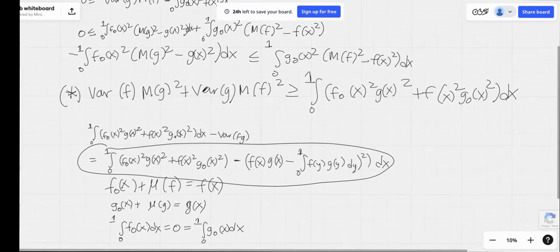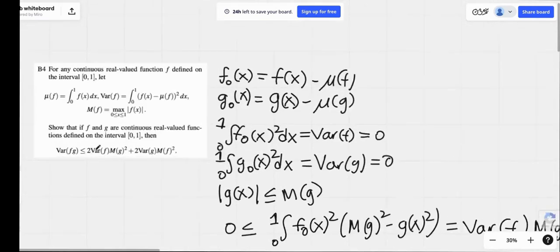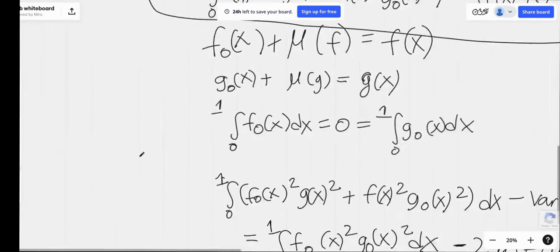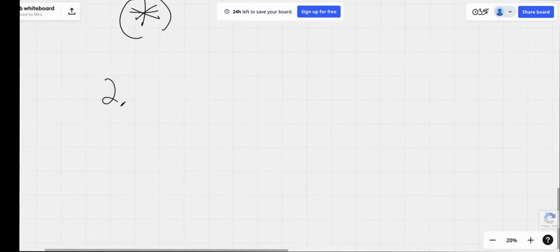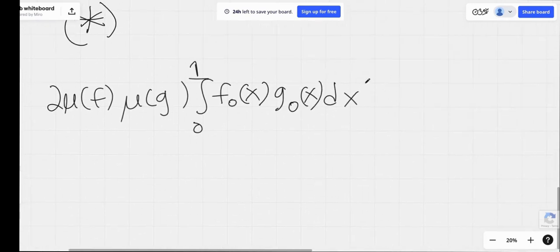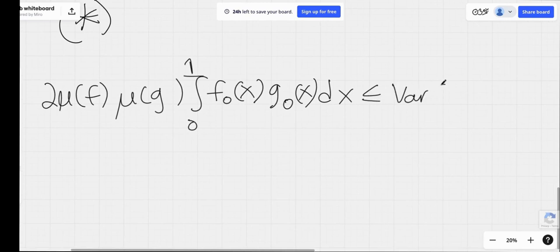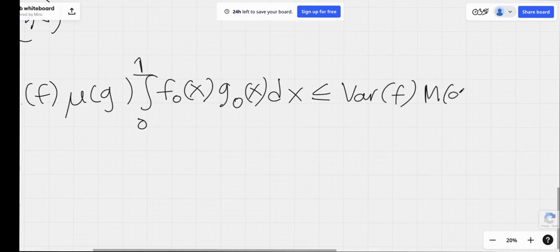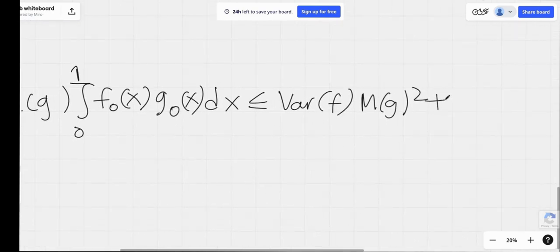Now, because of this, in order to show our initial supposition that this inequality holds, all we need to show is that 2 mu of f mu of g times the integral from 0 to 1 of f naught of x g naught of x is less than or equal to the variance of f times big M of g square plus the variance of g times big M of f square.